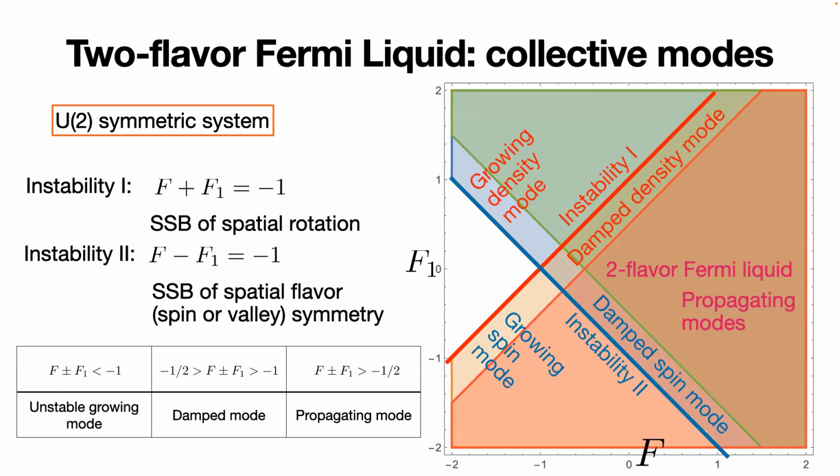These two instabilities are driven by the change of the damped mode to the exponentially growing mode. So instability 1 is driven by the change of the density mode, but instability 2 is driven by the change in the spin mode. So that's the kind of phase diagram spanned by the F1 and F2. We can clearly see it has a richer structure than the spinless or single flavor fermionic system.